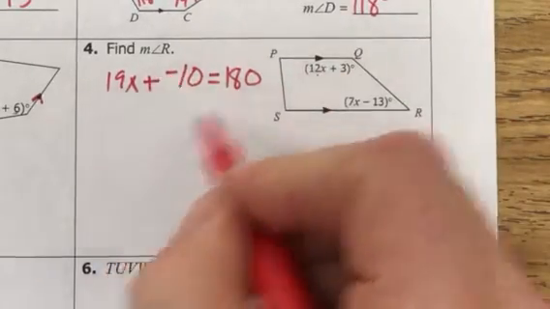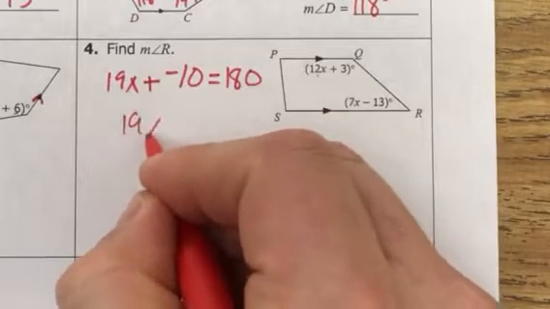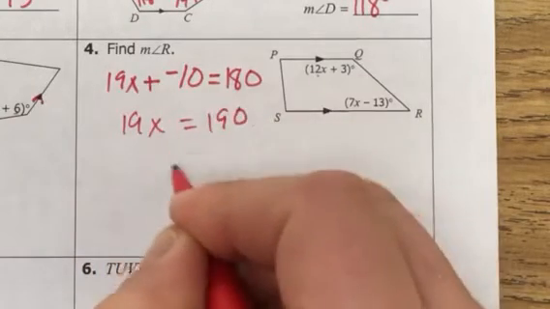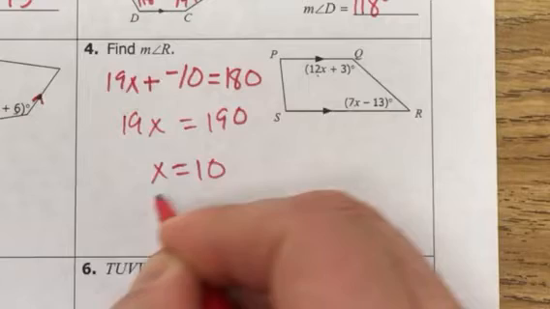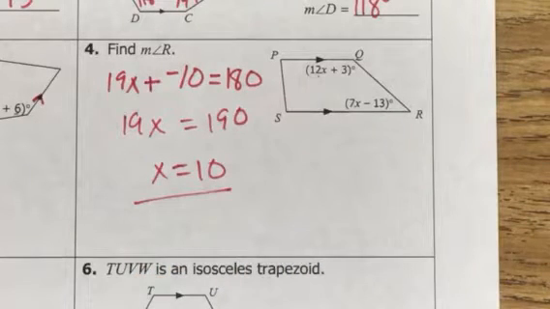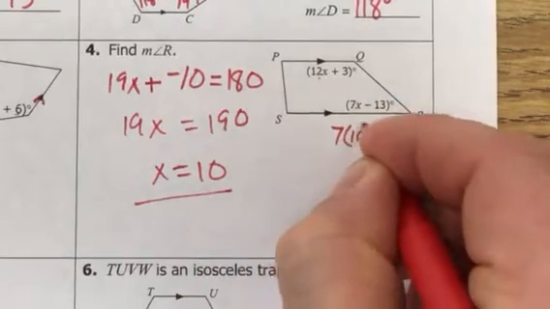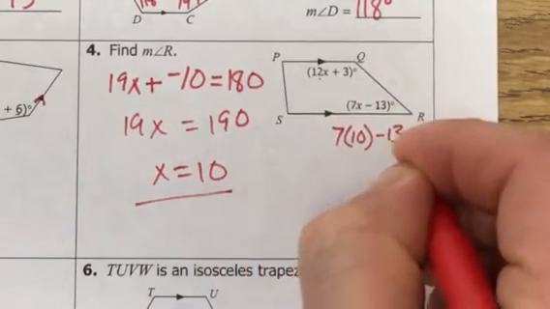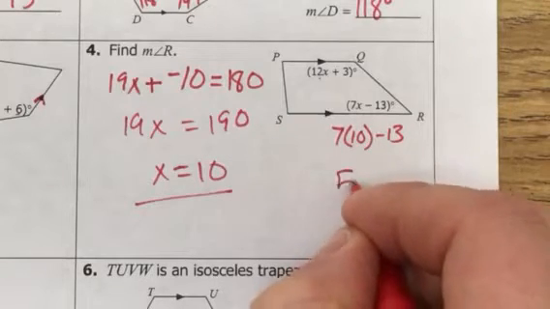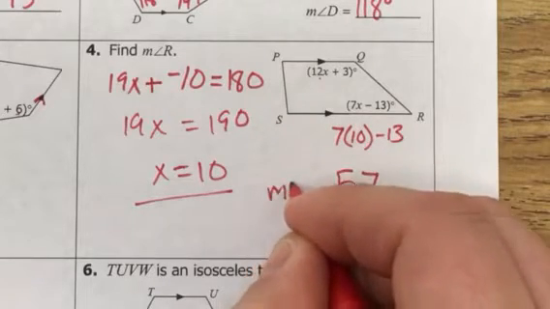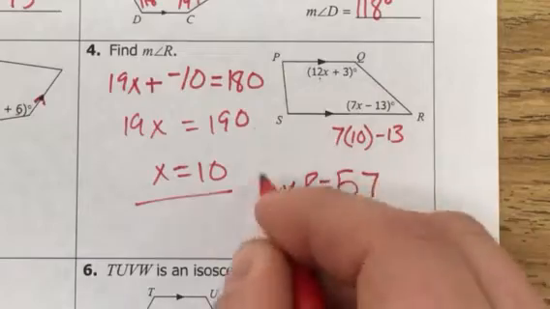So plus negative 10, add 10 to both sides, 19x would equal 190, x equals 10. Now, they weren't asking for x, so make sure that you go plug it in. Take that 10, come back up, say 7 times 10 minus 13. So 70 minus 13 would be 57, would equal the measure of angle R.